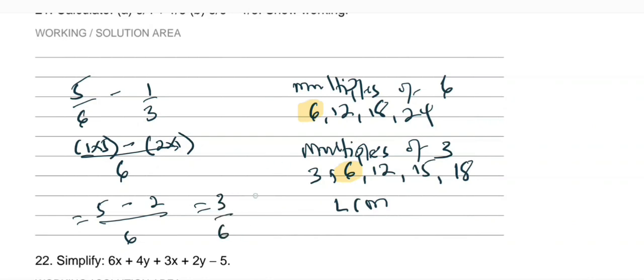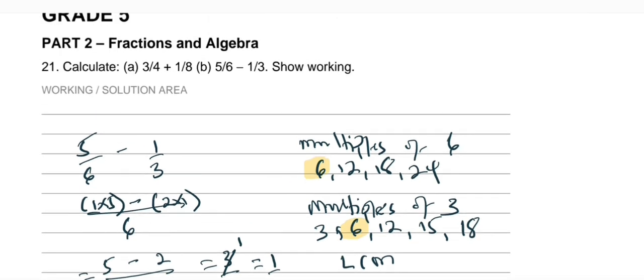And 3 over 6 is the same as 1 over 2, because 3 will go here 1, 3 will go here 2. Have you seen it? Do you understand? Okay. So 5 over 6 minus 1 over 3 is equal to 1 over 2, which is the same as half. Do you understand? Okay.